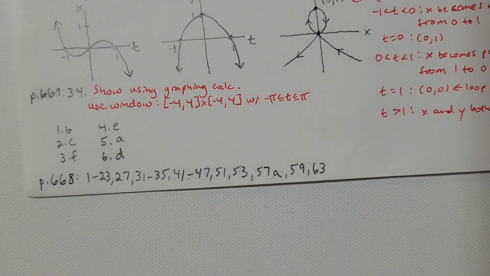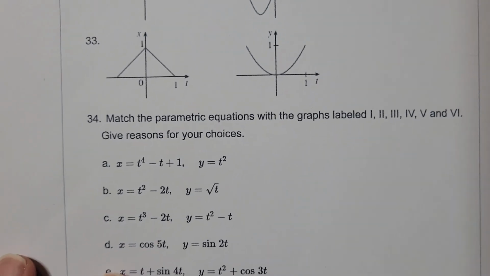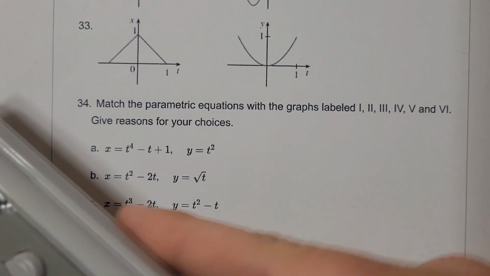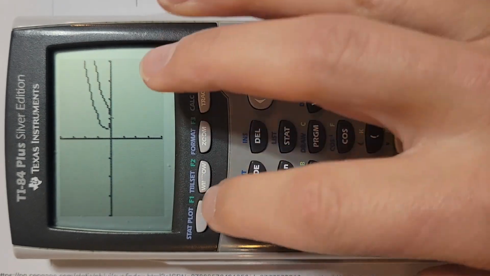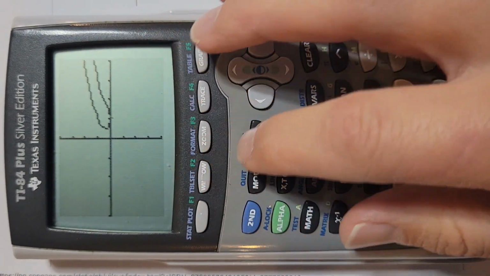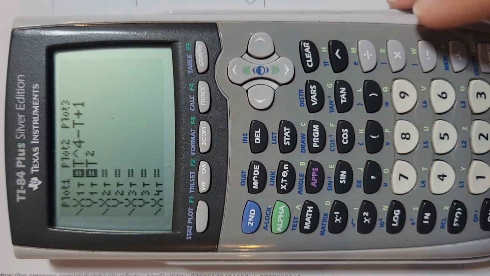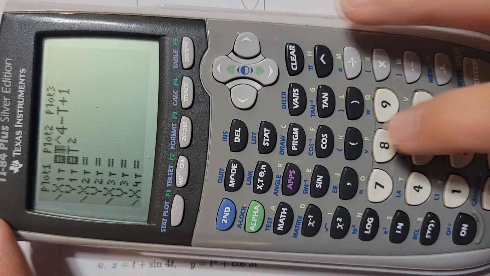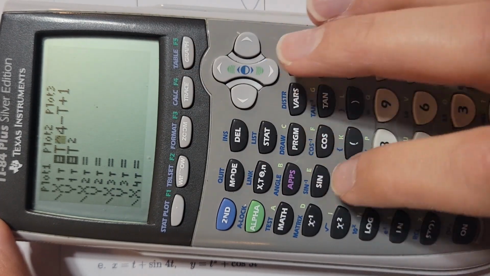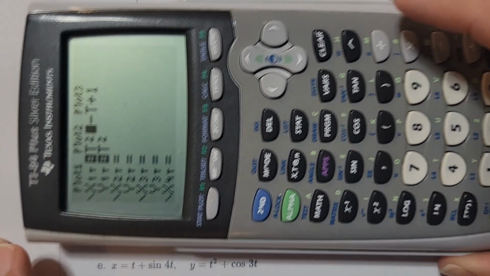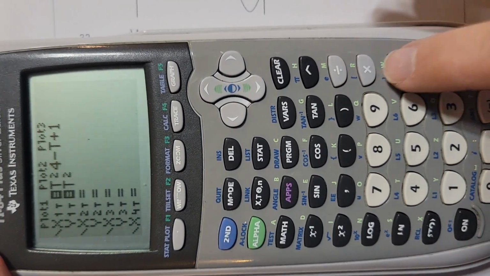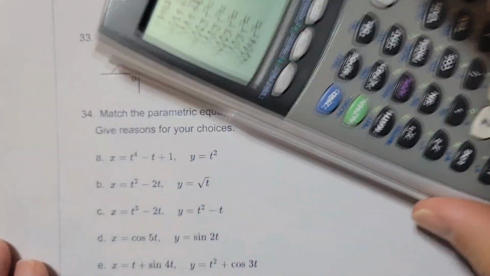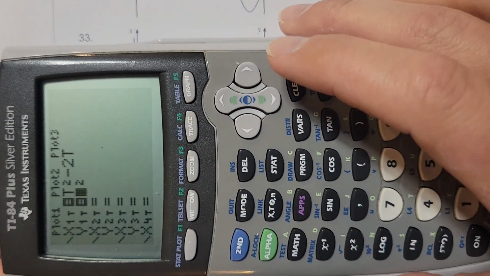Now the next one here, we have x equals t squared minus 2t, y equals the square root of t. So go ahead and type that in. We got t squared minus 2t, and then for the y values, we got root t.